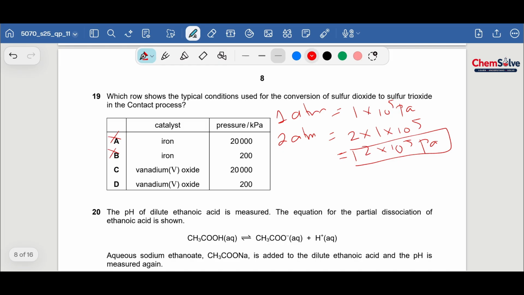Now, 1 kilopascal is equal to 1000 pascals.